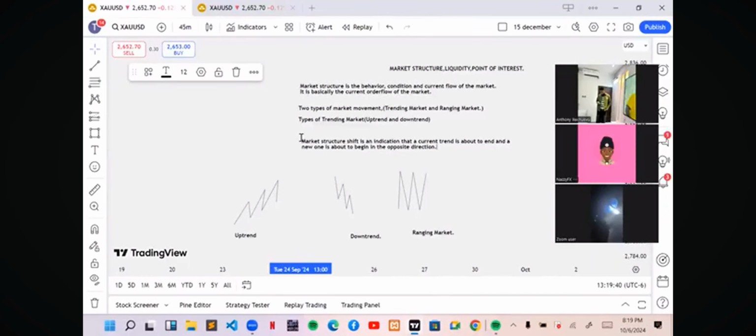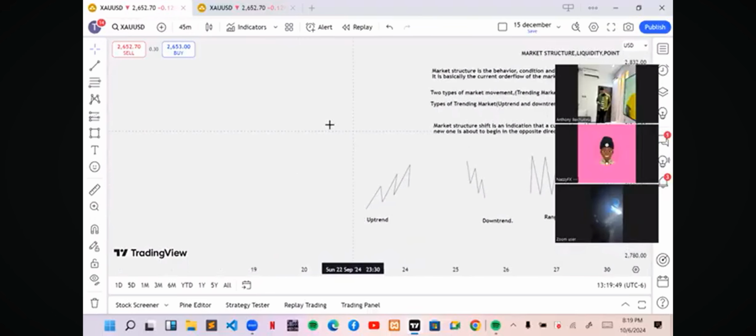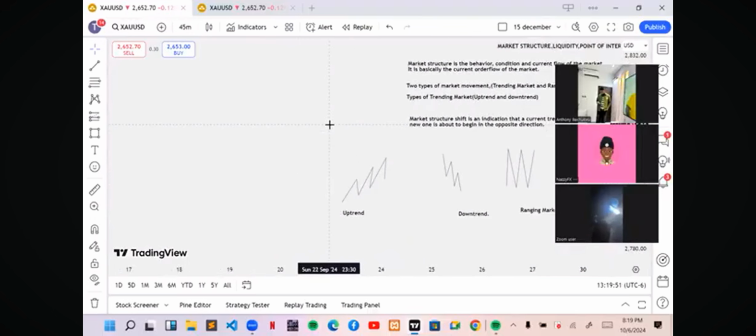That is what a market structure shift is. Now, what do I mean by this? Market structure shift works majorly for trending markets.